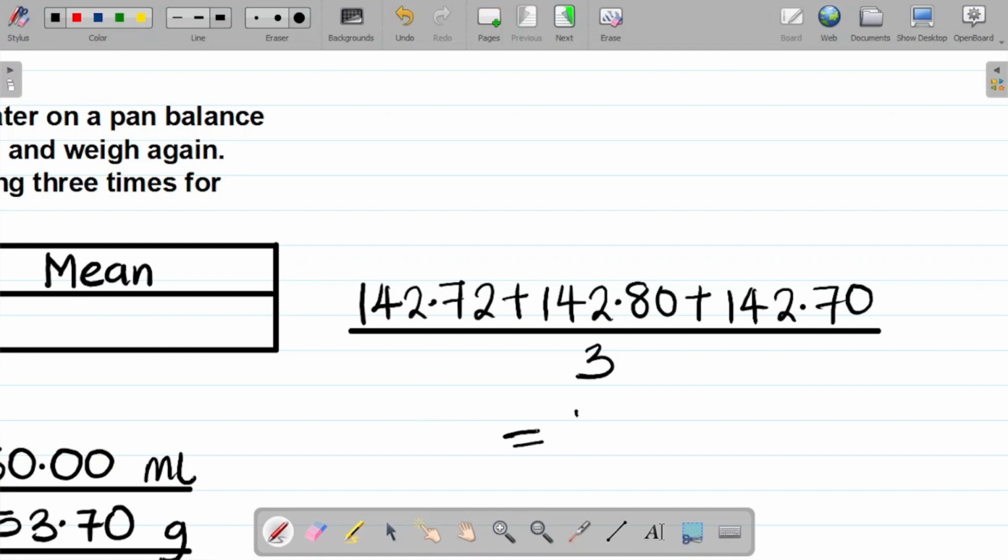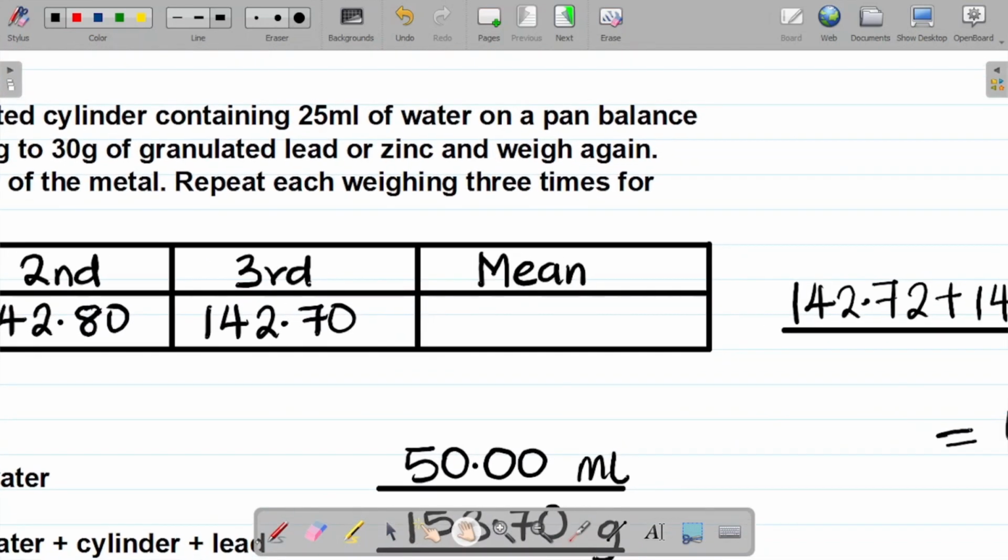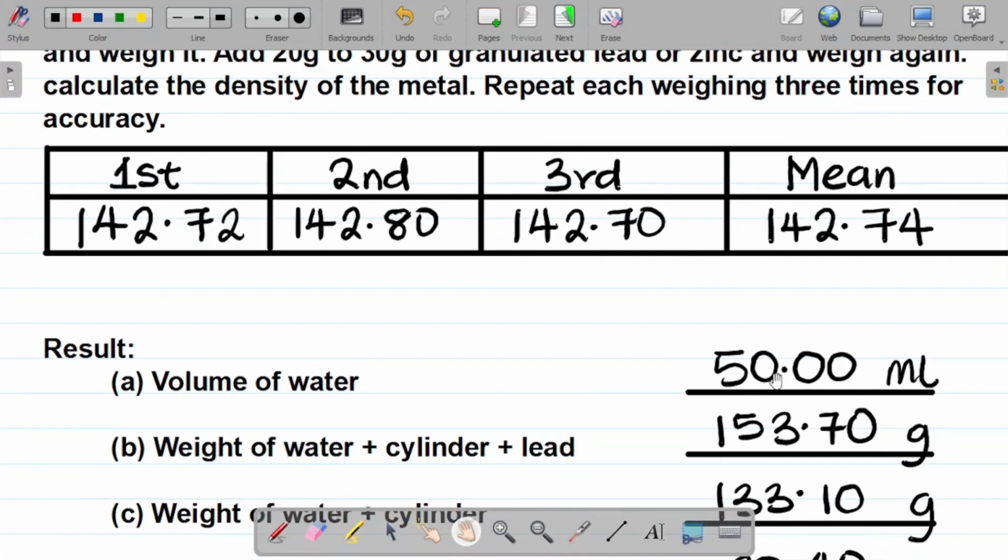So this is my result. I simply come to the mean there and write 142.74. This is how you fill up the first one here.